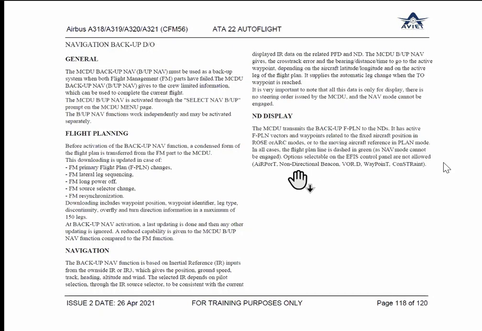Airports, NDBs, beacons, VORs, all these things you will not get from the FMGC. Once you select from the EFIS, they retrieve the information from the nav database, which is not available. So only your current backup flight plan is available in the MCDU. So you have to fly manually.